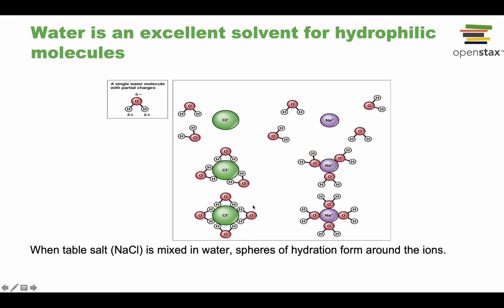So the reason we can dissolve salt, sodium chloride, in water is because when we add sodium chloride to water, the partial positive charges on the hydrogen atoms on water interact with the negatively charged chloride ion, and the partially negatively charged oxygen atoms are going to interact with positively charged sodium ions.